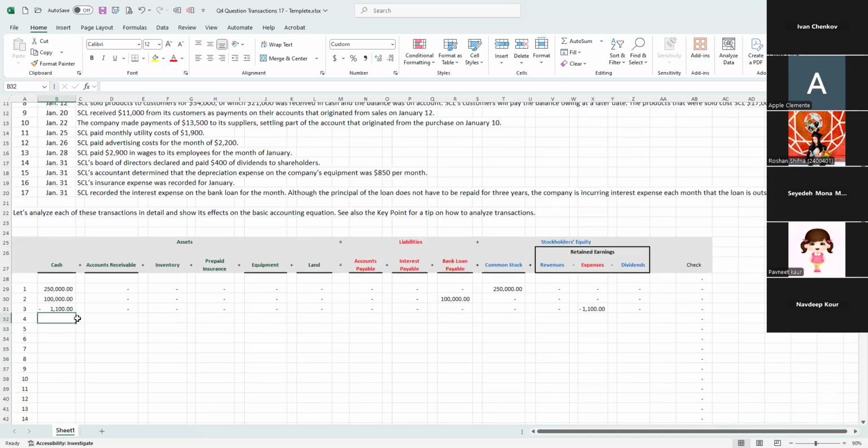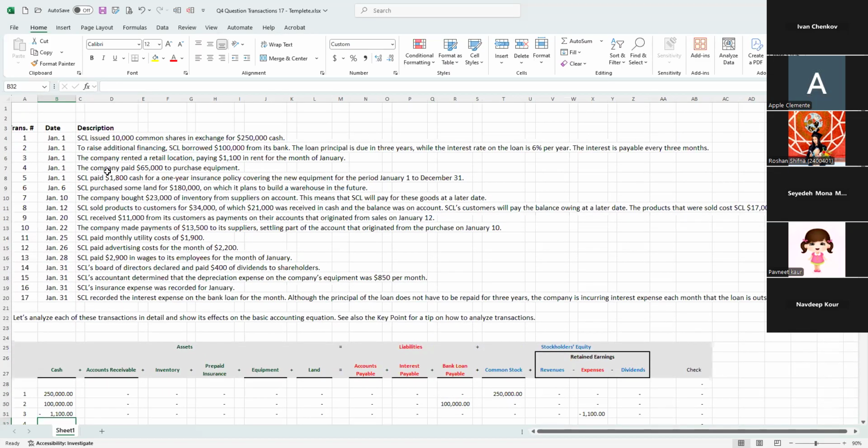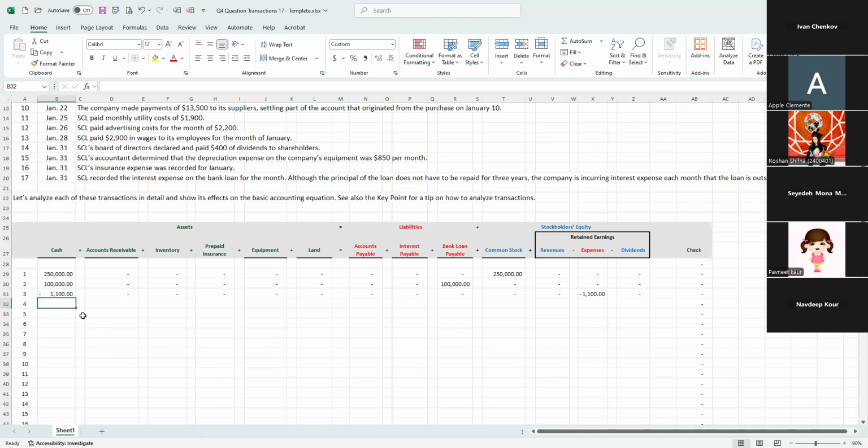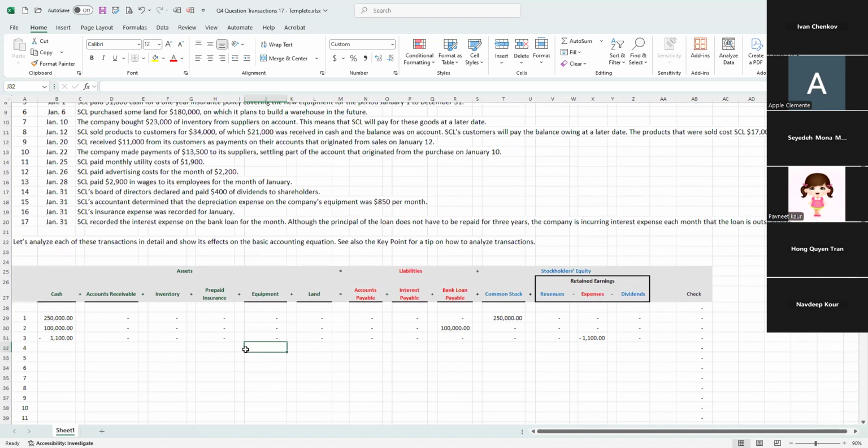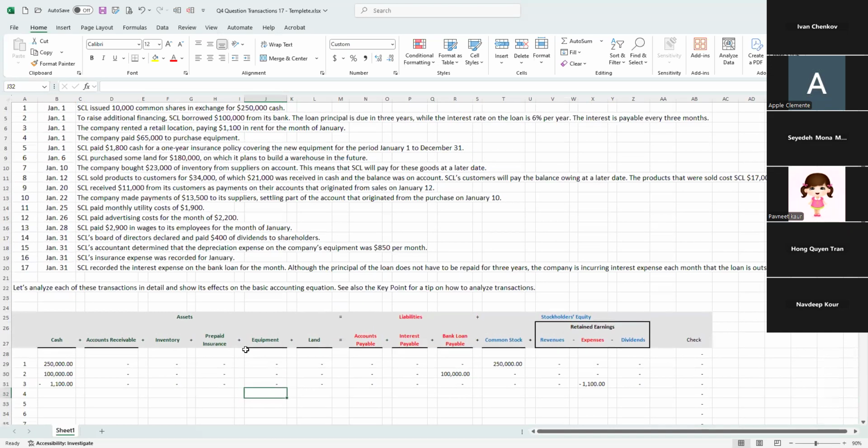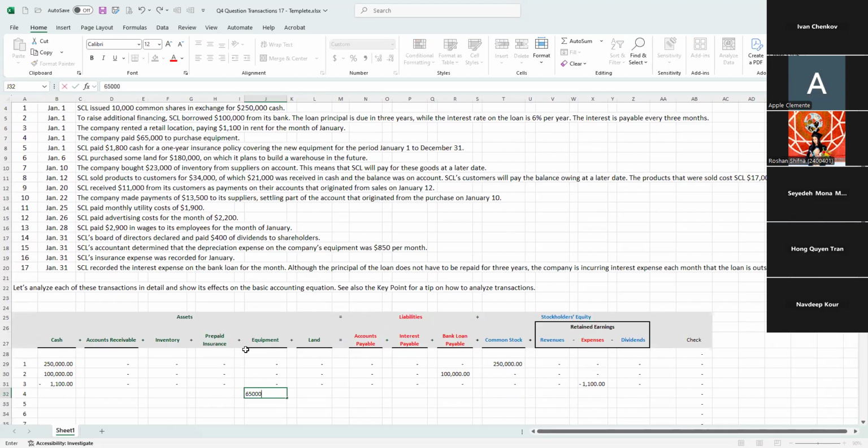First thing, what did we get? Equipment. So what's going to happen with the equipment? Increase. How much? $65,000, equipment goes up. And cash decreases. Why? Because we paid.